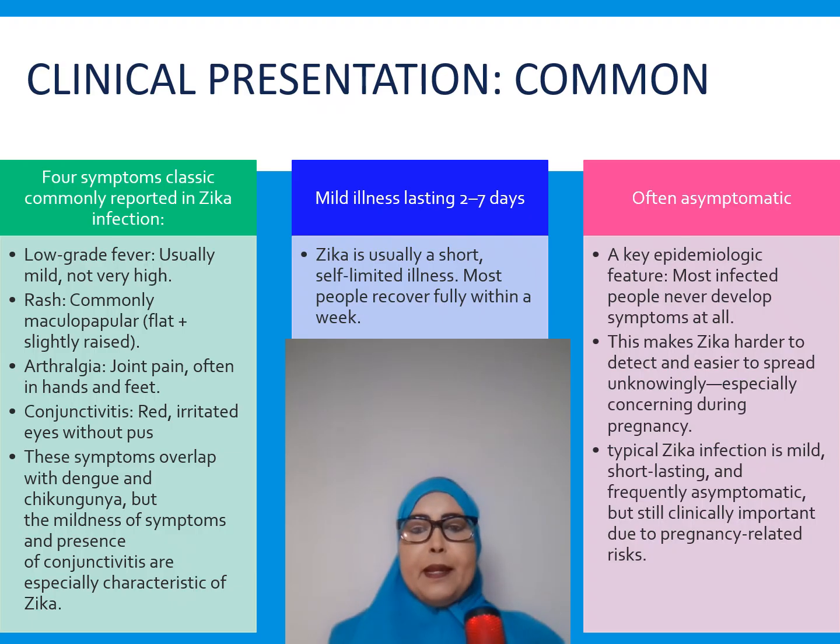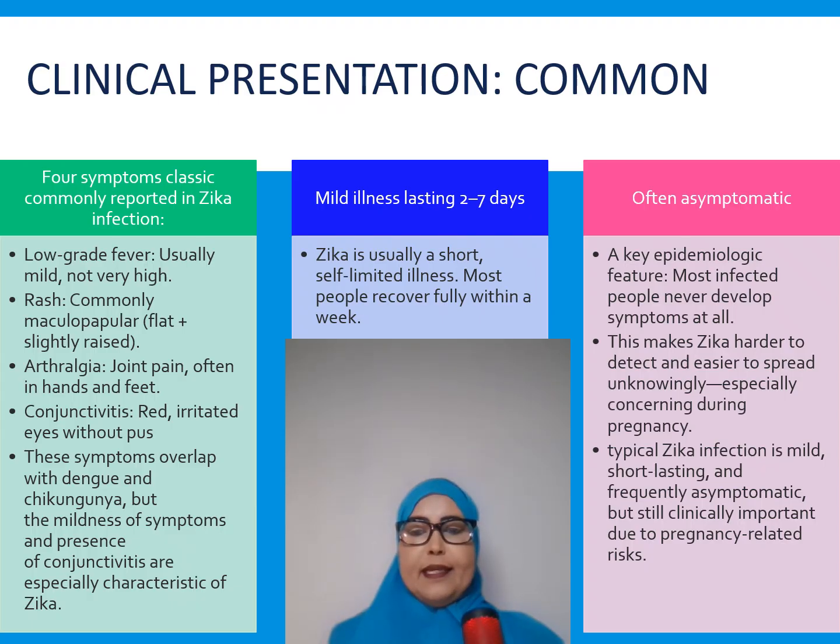The key epidemiology figures include that most infected people never develop symptoms at all. This makes Zika infection hard to detect and easier to spread unknowingly, especially concerning during pregnancy.